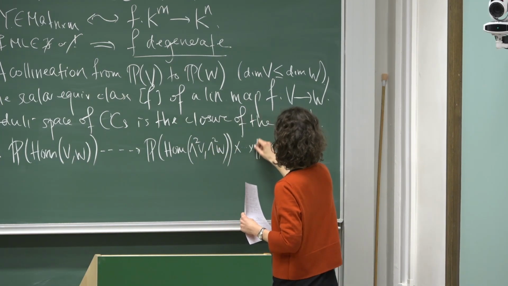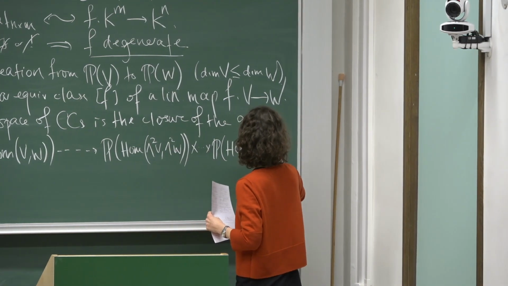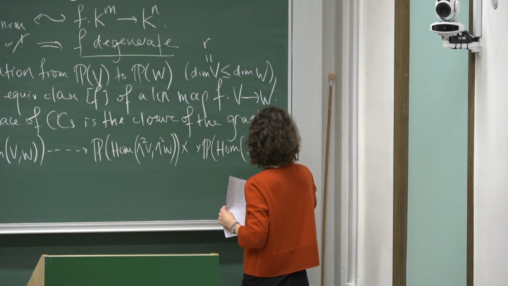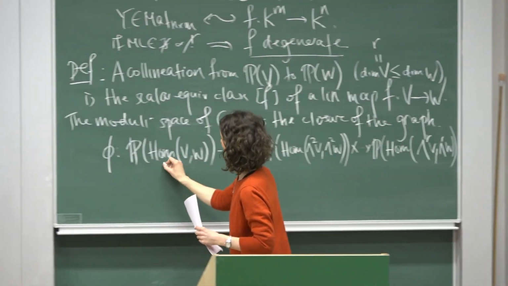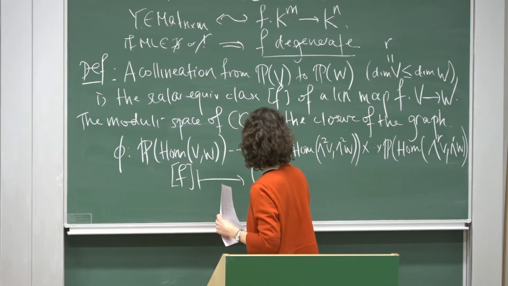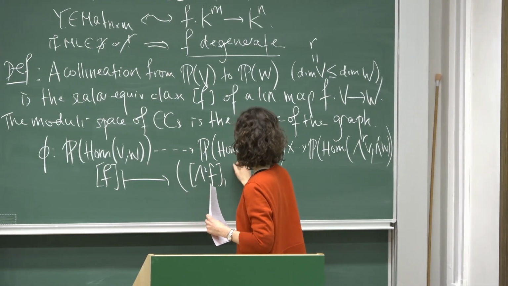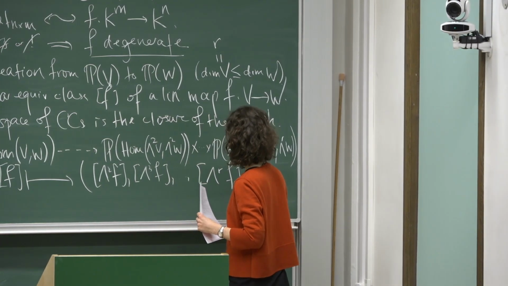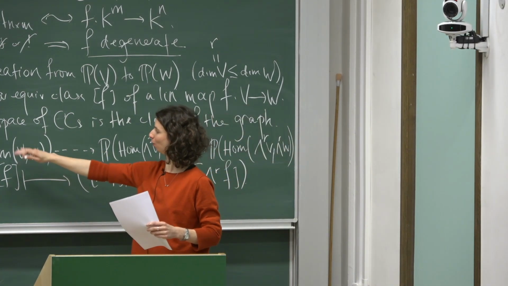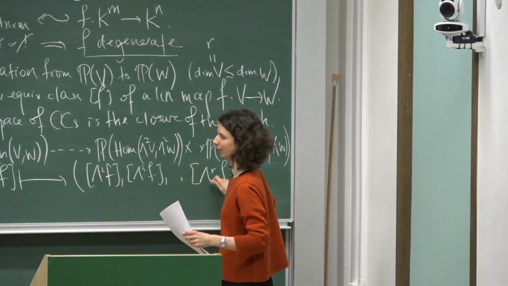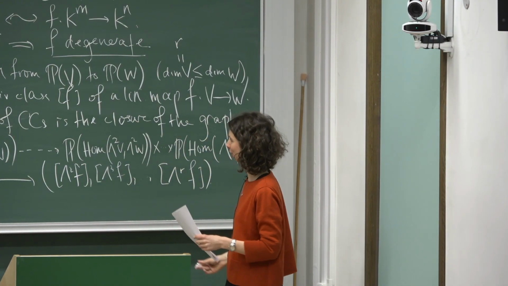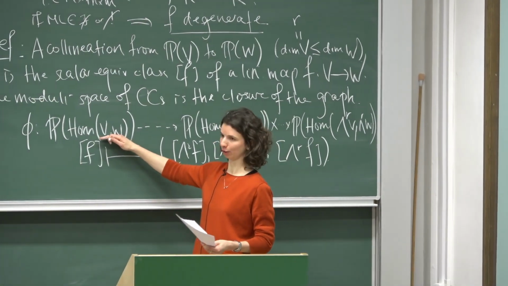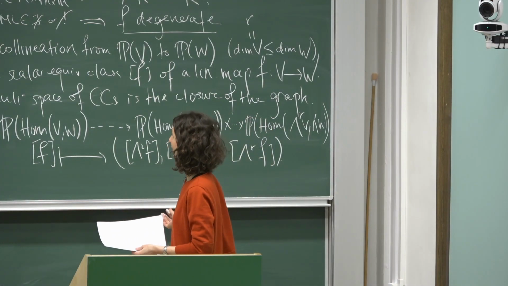I keep raising the exterior power until I hit, let's call dim V = r, until I hit lambda^r. And what is this map? It's just taking F to the second exterior power of F, the third, and so on. This is not defined on all of this because if F is degenerate, then some of these may be 0, and therefore they don't give me well-defined points in these projective spaces. But the important thing to note is that this map is well-defined precisely on the locus of non-degenerate collineations.